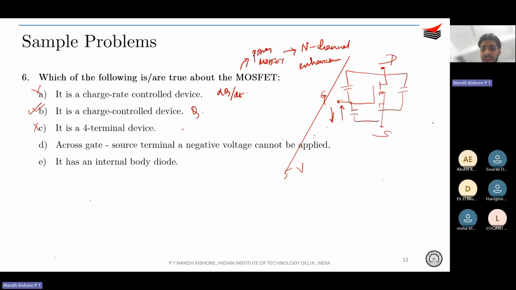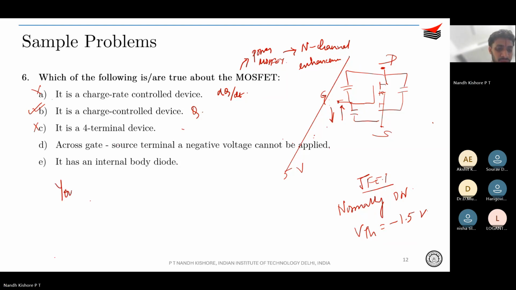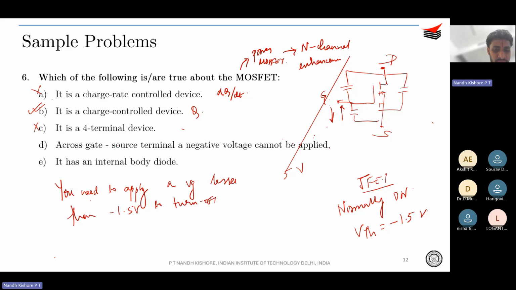As I was telling, JFET is a normally on device. Its threshold may be something like minus 1.5 volt. It means that you need to apply a voltage lesser than minus 1.5 volt to turn off the JFET.